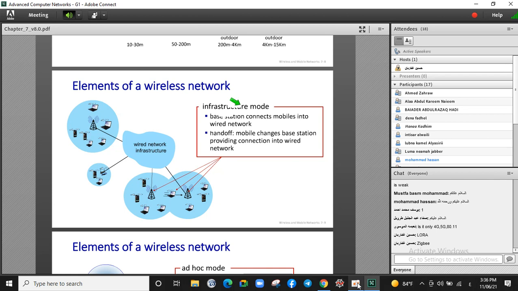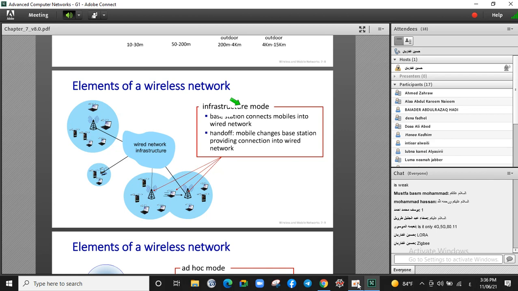So I can divide wireless networks into two separated categories. One type of those networks is wireless networks with an infrastructure, or infrastructure mode wireless networks, and the other is ad hoc mode wireless networks. What is the difference between these two categories?